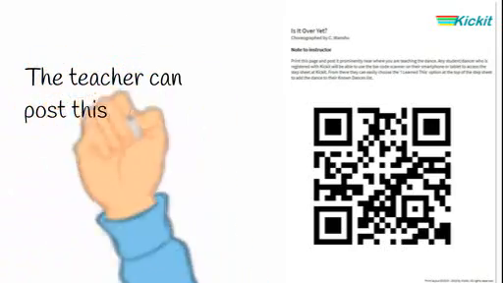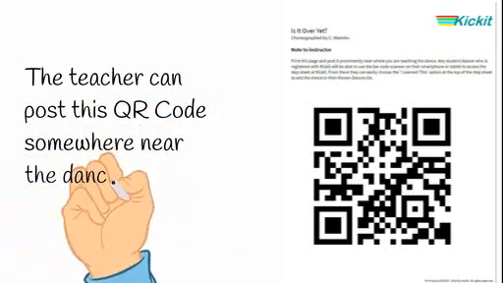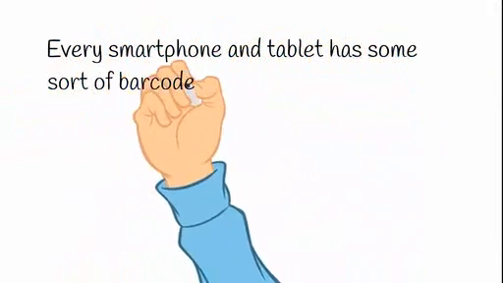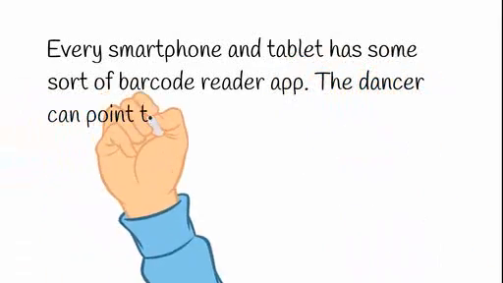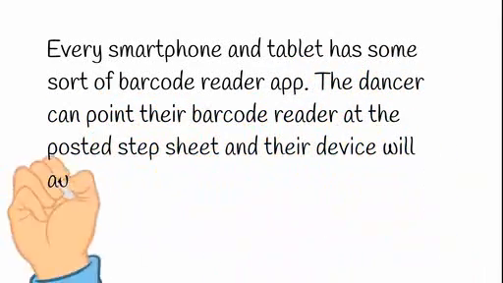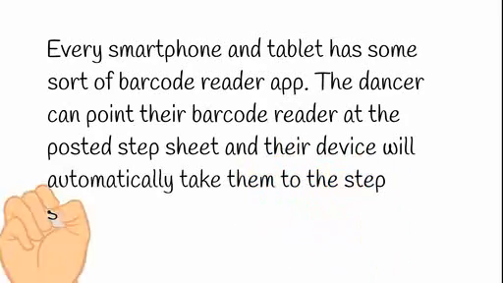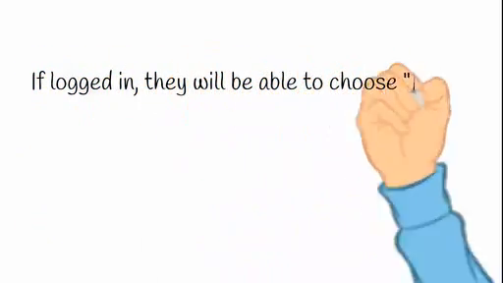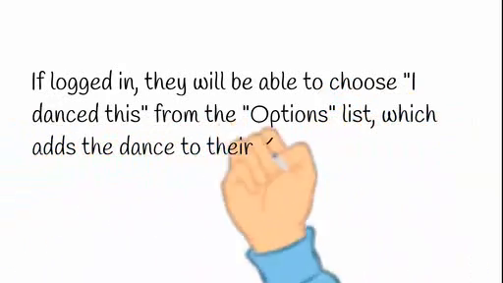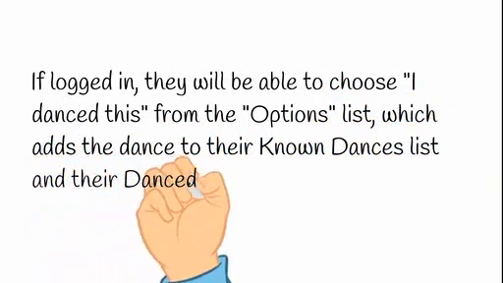The teacher can post this QR code somewhere near the dance floor. Every smartphone and tablet has some sort of barcode reader app. The dancer can point their barcode reader at the posted step sheet, and their device will automatically take them to the step sheet at Kickit. If logged in, they will be able to choose I danced this from the options list, which adds the dance to their known dances list and their danced dances list.